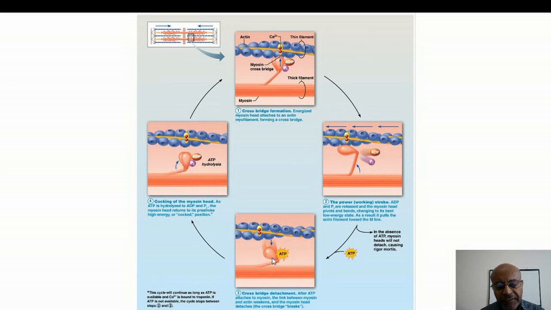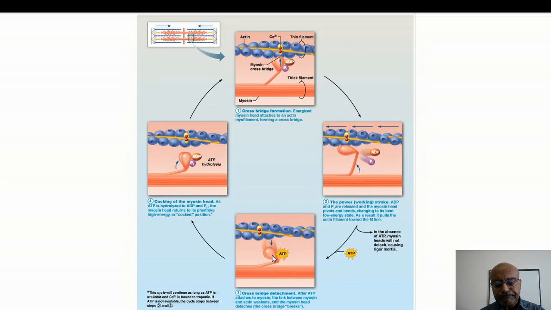Look how bent this one is. Look, this one is to some extent unbent, kind of straightened to some extent, not completely. Compare this with this one. The next step is this unbent, cocked up myosin head attaching to the active site on the thin myofilament. This is known as cross bridge formation.